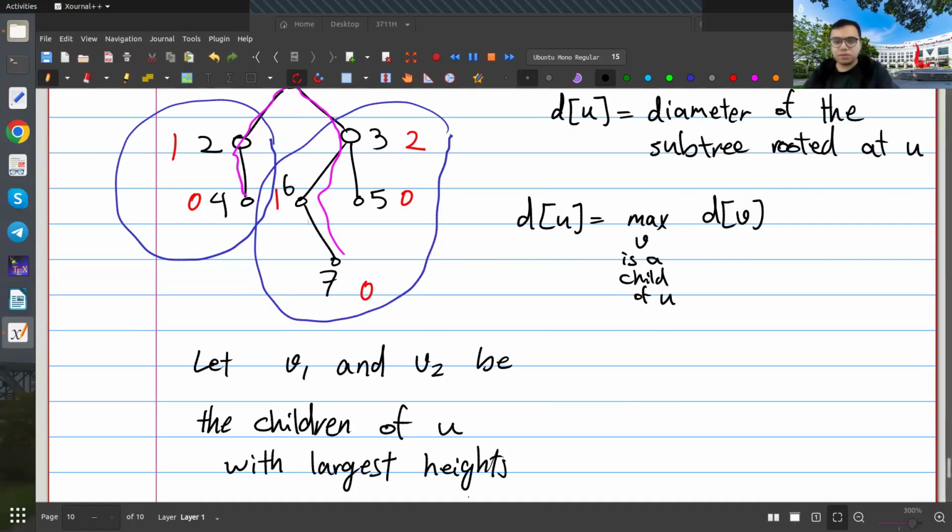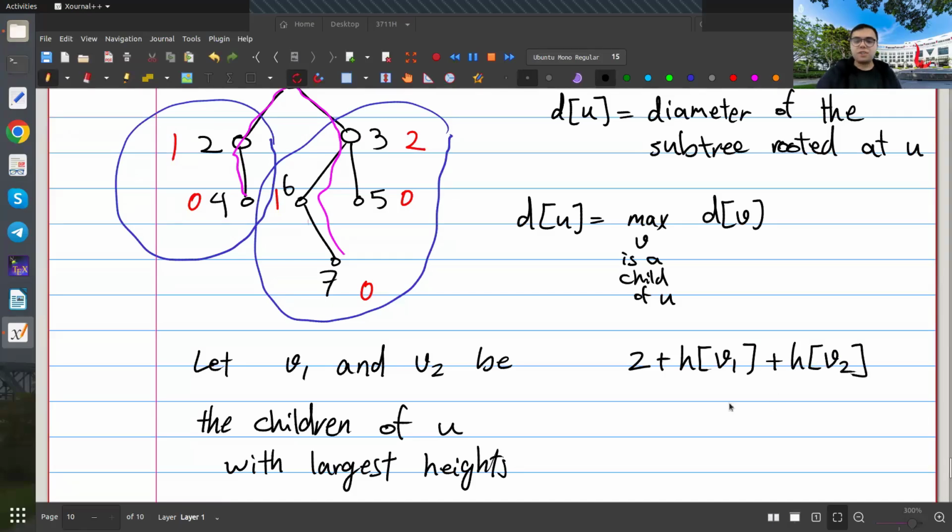So I can start from U and go to V1 and then go down by the height of V1. That would give me 1 plus the height of V1. I can also start at U, go to V2, and then go down by the height of V2. So that gives me 1 plus height of V2. So overall, it's 2 plus height of V1 plus height of V2.